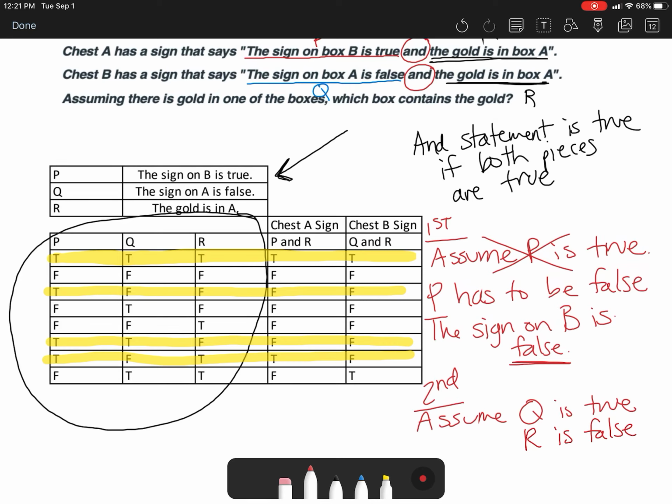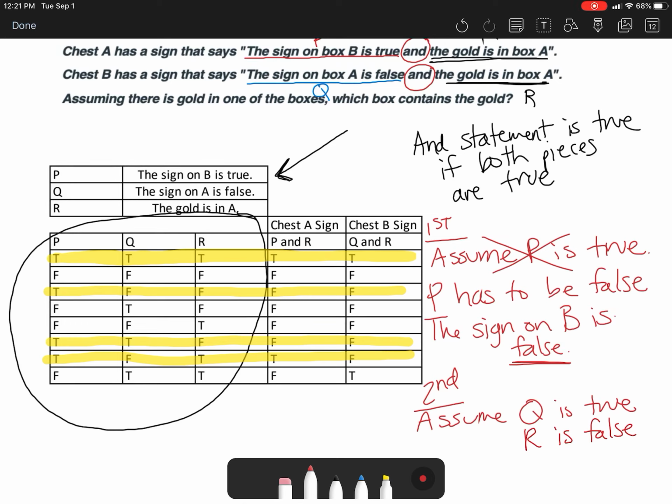Okay, and let's see if that causes a contradiction. So if Q is true, that reads the sign on A is false. Well, we know the sign on A is false because we've already concluded that P has to be false, which would make the entire sign on A false. So that seems to work okay.